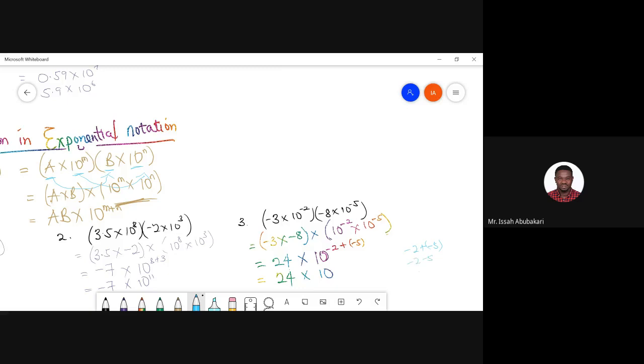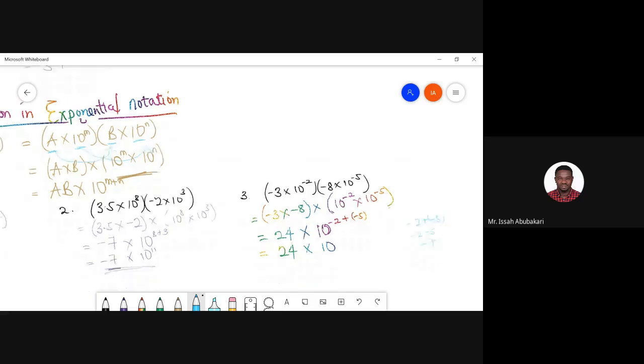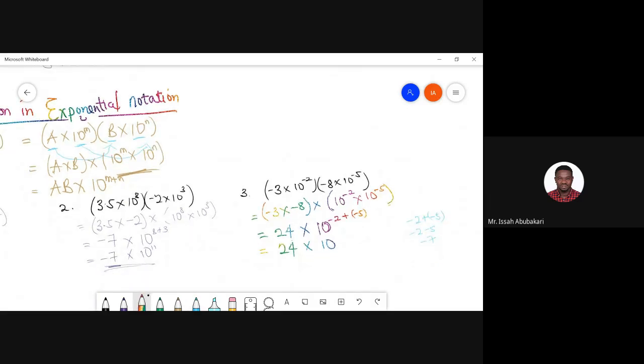And the final answer is what? Minus 7. Right. So our answer here is going to be minus 7 to be the power. But then, this is 24. And 24 is outside the range 1 and 9. Okay, our answer can only be between 1 and 9. And now we are having 24.